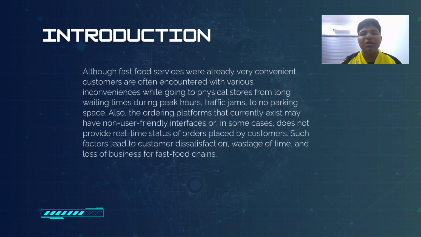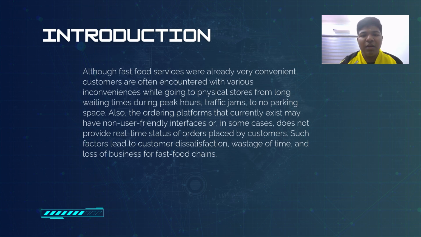So, fast food services is already very convenient. However, customers often encounter various inconveniences while going to physical stores, from long waiting times caused by peak hours, traffic jams, to no parking space.